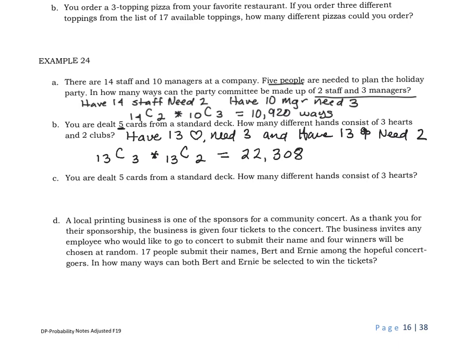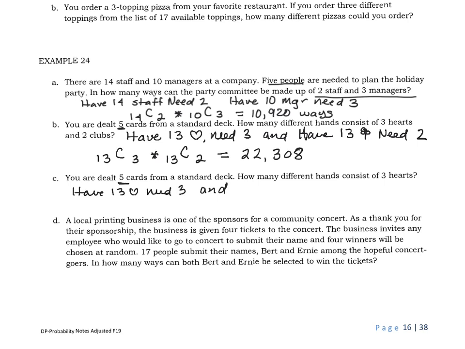Please notice the difference between B and C, where in C, again, we are dealt the 5 cards from the standard deck, same thing. How many different hands consist of 3 hearts, and then it stops? Well, we need 2 other cards, don't we? Because it is a hand of 5 cards, so we're going to have to account for the 2 others. So note how we do that. We're going to begin the same, where we have 13 hearts, and we need 3. And we need 2 other cards. We are choosing from all other cards in the deck.